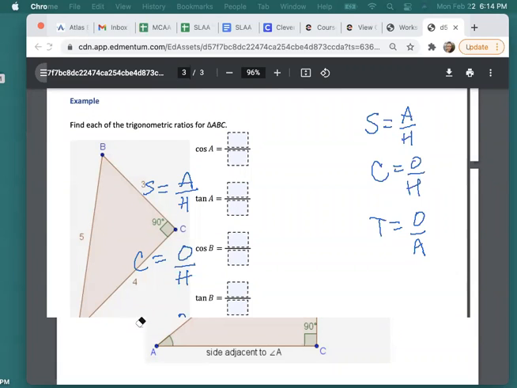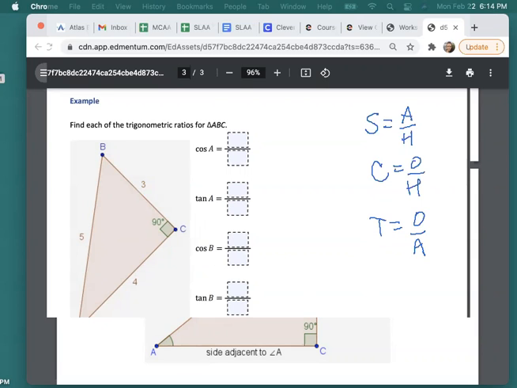Okay, now we're going to use this information in these formulas to answer the question here. Find each of the trigonometric ratios for triangle ABC. So the hypotenuse is 5, because that's across from the 90-degree angle.